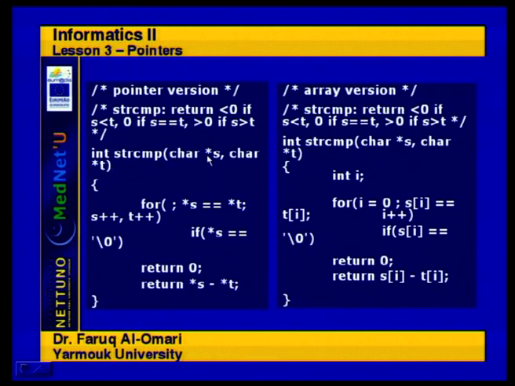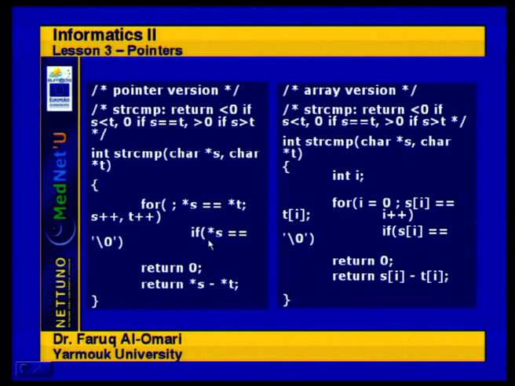I'm passing two pointers to the two strings, S and T. I start right away with a for loop, which goes through all characters in these two strings. I start from the very beginning and keep moving as long as the character pointed by S equals the character pointed by T. Each time I'm incrementing these two pointers to go to the next character.